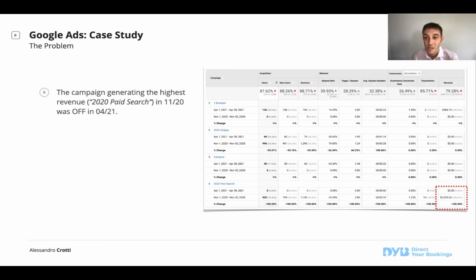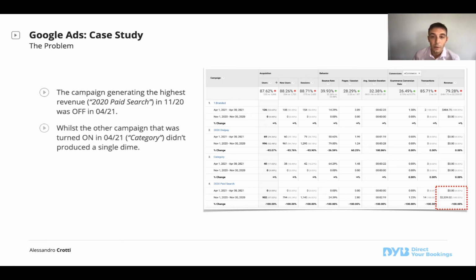As you can see, the 2020 paid search, which again was a campaign that was on in November and off in April, of course generated revenue in November, $2,300. But the other campaign that was on in April, category, the campaign listed as number 3, didn't produce a single dime, so it didn't generate any revenue.